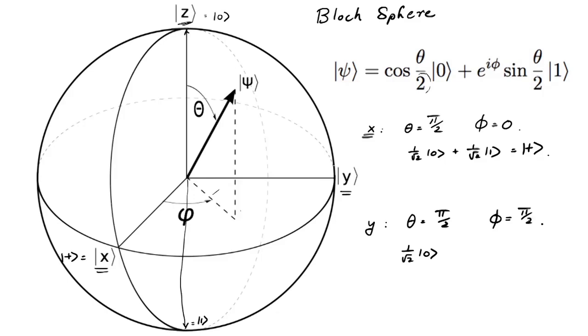Right? What's e to the i pi over 2? It's just i. So you get plus i over square root 2, 1. Okay, and again, you can figure out what's the state that points in the minus y direction. Make sure that you orient yourself on the Bloch sphere and you play with it to understand what states are pointing in which direction.